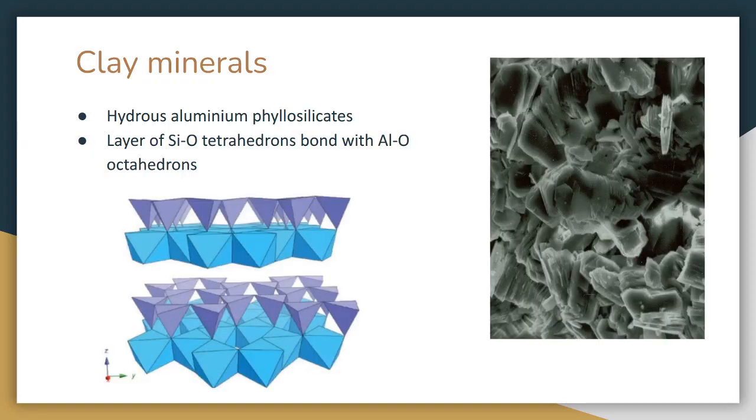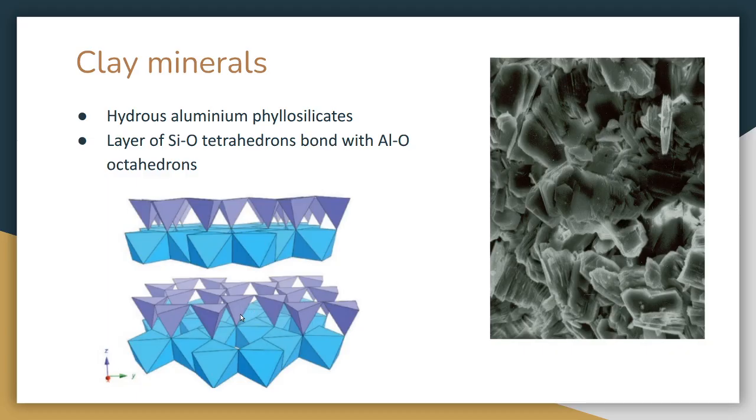Well, moving to a definition of clay minerals, they are hydrous aluminium phyllosilicates, meaning hydrous phyllosilicates, but they are also aluminosilicates. It is a mouthful, sorry. So the layers of the tetrahedrons bond with the aluminium octahedrons.